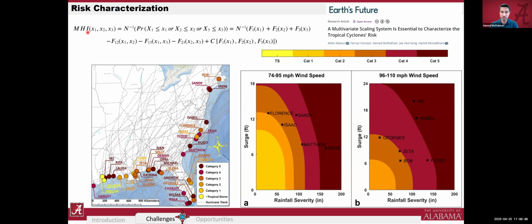I will not get into the technical details, but if you look at this graph down here, all these events could be characterized as hurricane category 2 or 3 based on wind speed. But when you bring the effect of rainfall and storm surge into account, you will see they are much more impactful than a category 2 tropical cyclone.